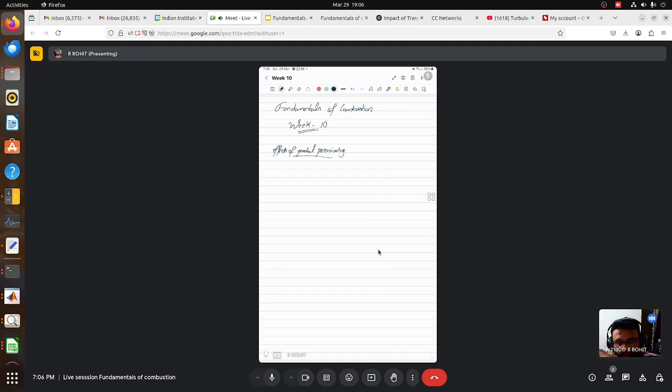So we were talking about premixed flames and diffusion flames, and the effects of having partial premixing. So we saw there were different flames. You saw shown in week 10 the different flame heights and flame structures that are getting affected when you are having a premixed flame and a partial premixed flame.